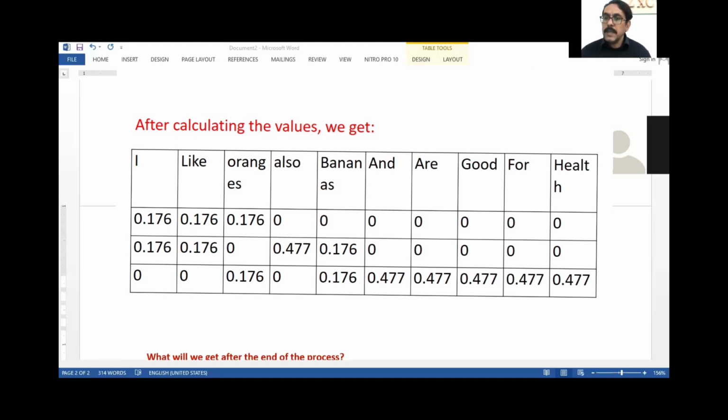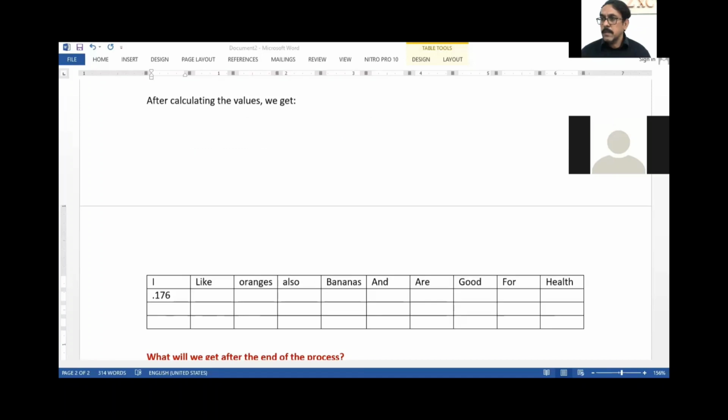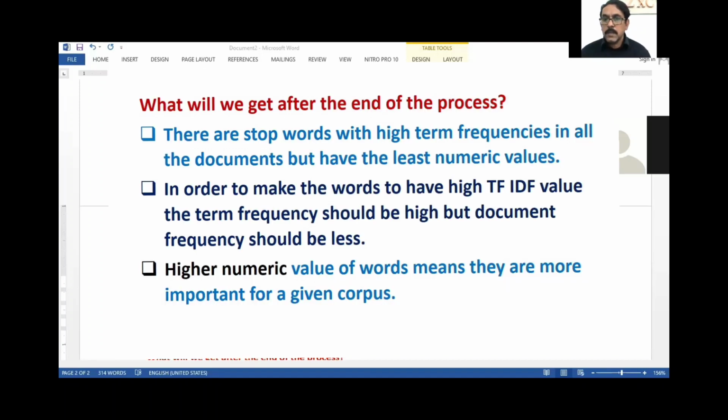Now we have done so many things. We have already calculated the log, and the values have been given over here. So what will we get at the end of the process? Now these are three very important points which you should remember. What is the importance of this? Why are we using this technique over the bag of words? The first thing is there are stop words with high term frequencies in all the documents but they have the least numeric value.